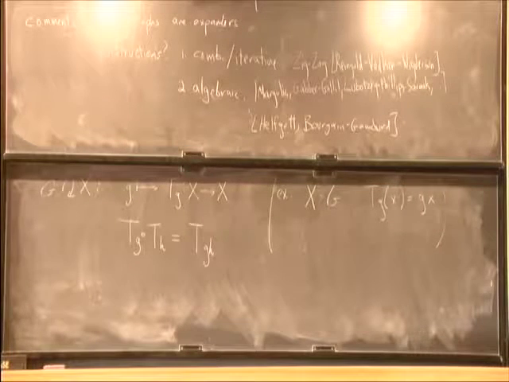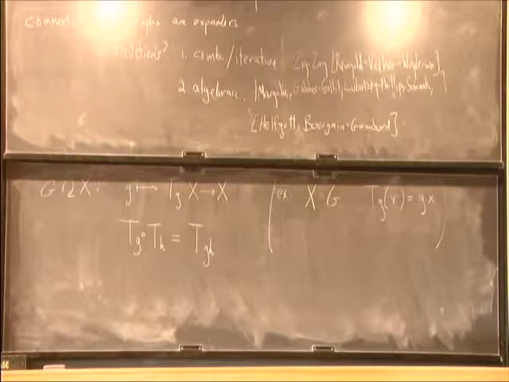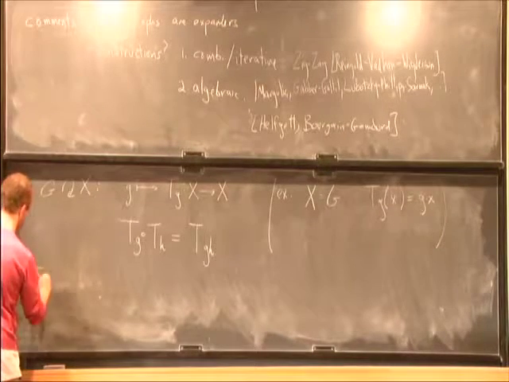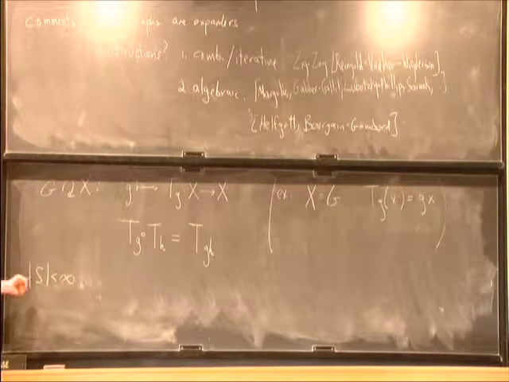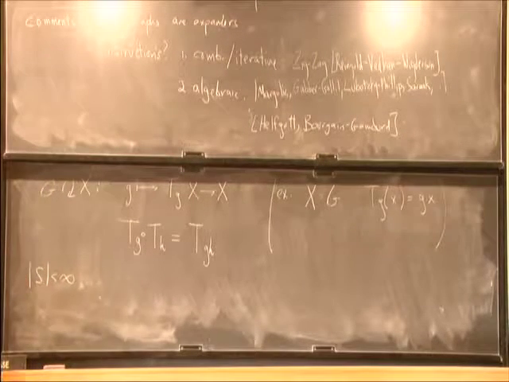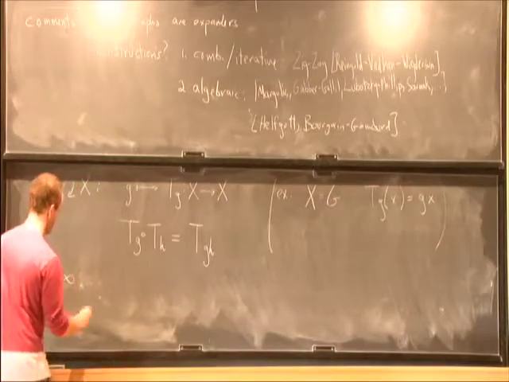So we have a group, we have a set. Now we have a subset of G. In our case, it will be a finite set. And we'll use this set to define the graph.